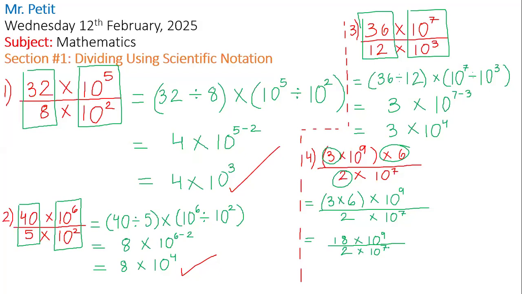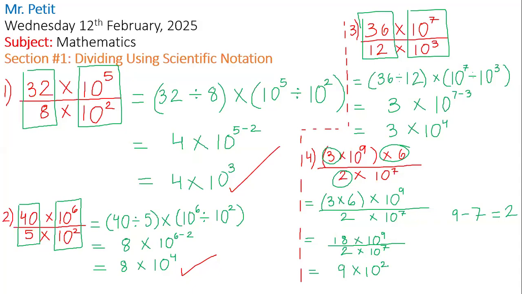Now we could group them. 18 divided by 2 is what? 9. And 10 to the 9 divided by 10 to the 7, that's going to be what? Remember, we subtract the powers. 9 minus 7 is 2, 10 to the power of 2, because we subtract the powers whenever we divide them, so it's going to be 10 squared.